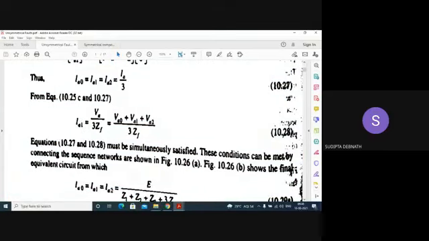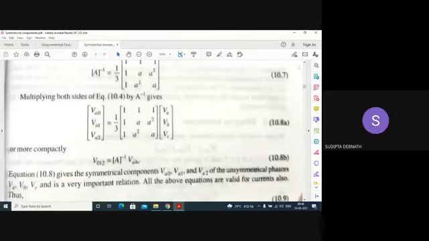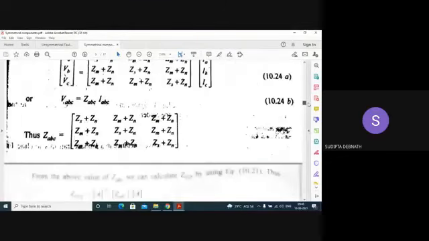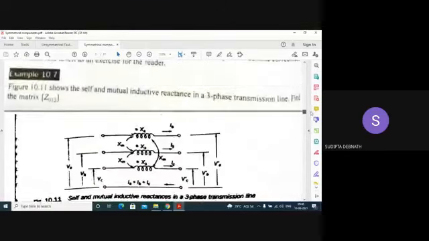What is IA1? The positive sequence network can be represented by a voltage source and one impedance connected in series, that you have seen. Only in case of positive sequence network, the source will be there.